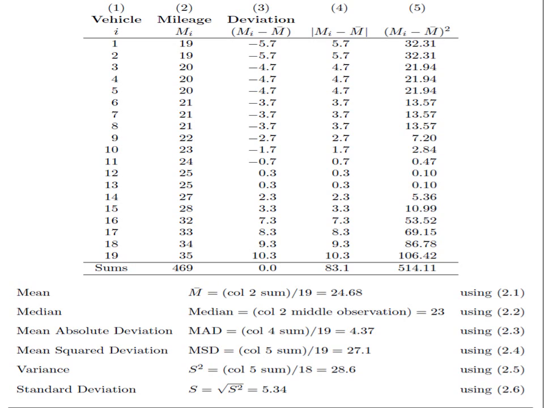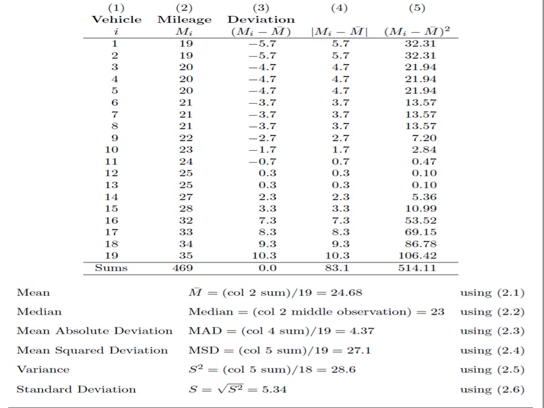Okay, we will turn to the measures of variation, which are mean absolute deviation, mean square deviation, variance, and finally standard deviation. After obtaining median and mean, we will make a table. The first column is vehicles from 1 to 19.